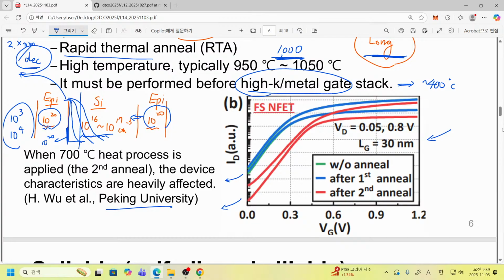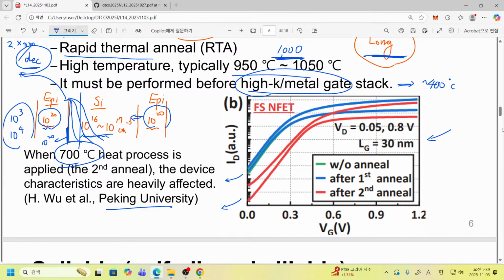After the process is over, the authors applied a 600 Celsius heat process. Compared with the typical temperature like 1000 Celsius, I think this is much reduced.